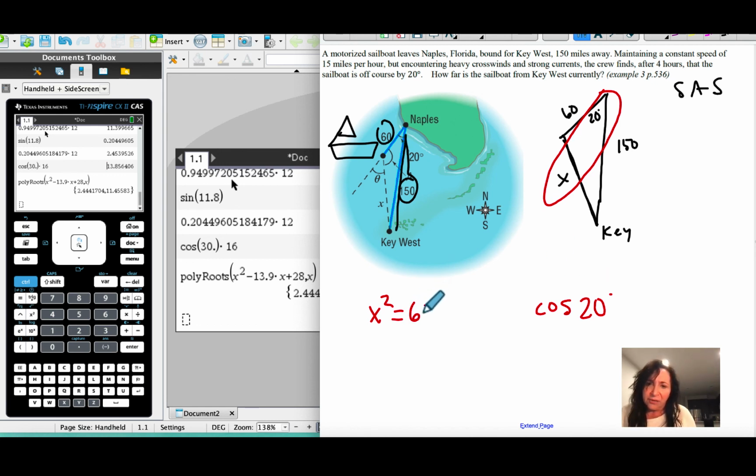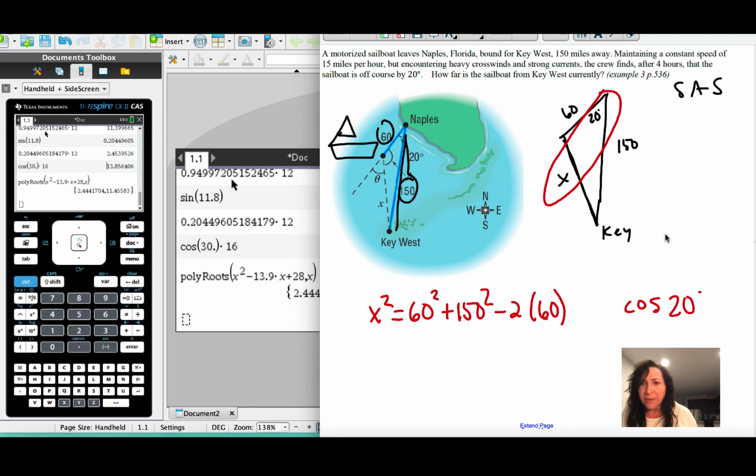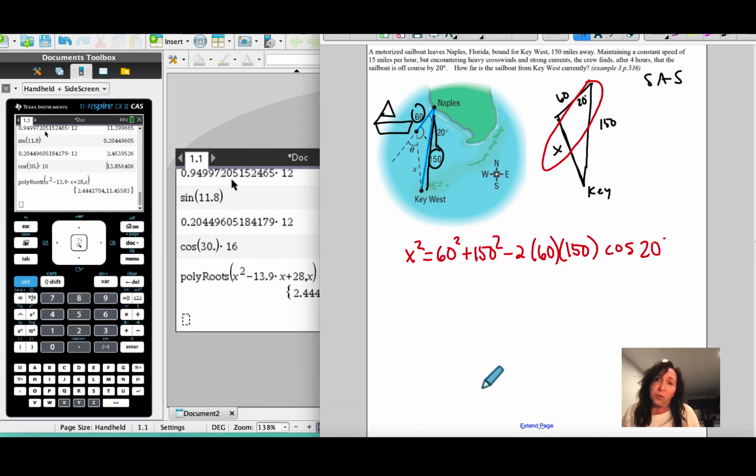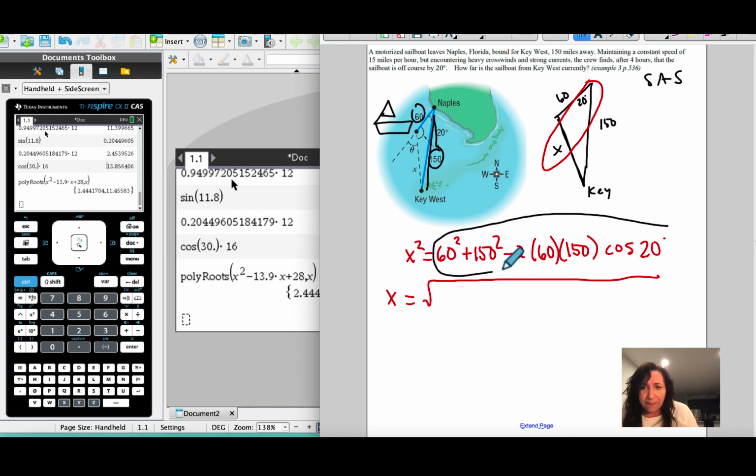So you've got 60 squared plus 150 squared minus 2 times 60 times 150 times cosine of 20 degrees. Super cool that we have a calculator that does all this. We're going to square root this, because in order to get rid of this X squared, we're going to square root that. And all of this right here is going to go in here. That's where that goes. All right.